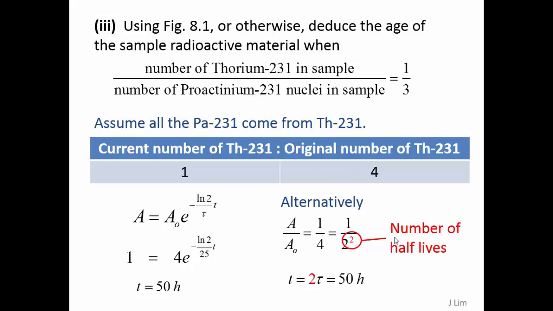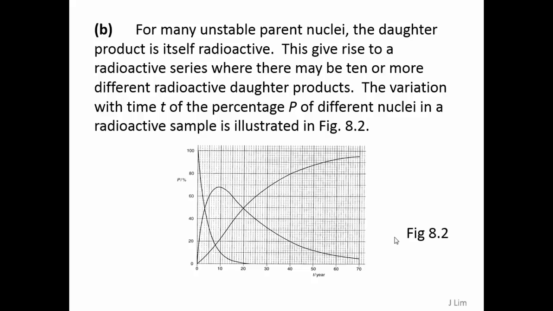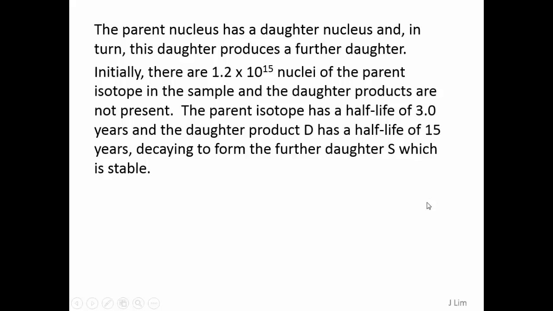For many unstable parent nuclei, the daughter product is itself radioactive. This gives rise to a radioactive series where there may be 10 or more different radioactive daughter products. The variation with time t of the percentage p of different nuclei in a radioactive sample is illustrated in figure 8.2.